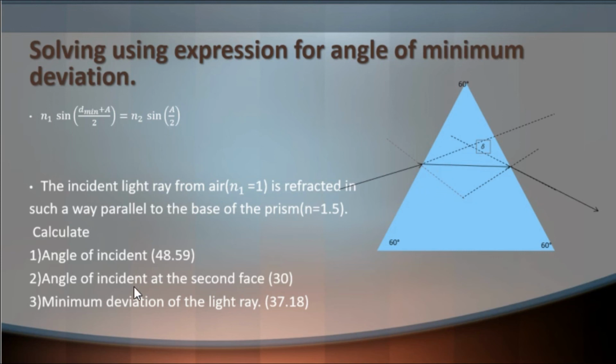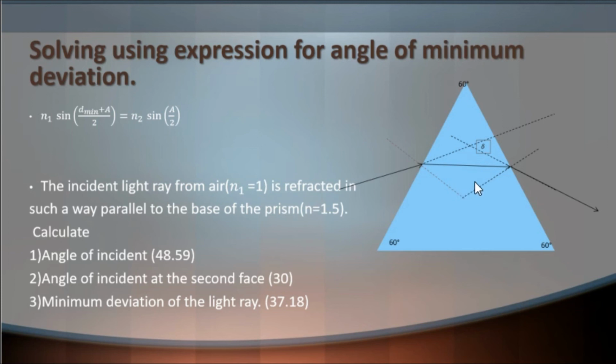And the angle of incidence at the second face, since this triangle is equilateral, we can say that this angle is also 30 degrees. You can also use the apex angle formula, that 180 degrees is equal to the sum of 60 degrees plus this angle P.